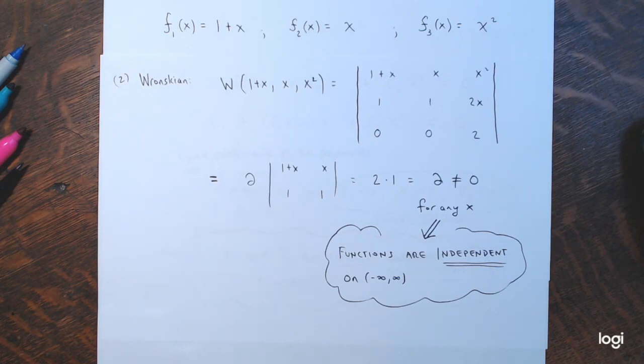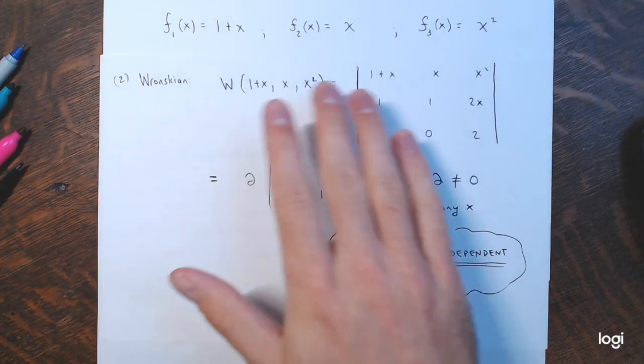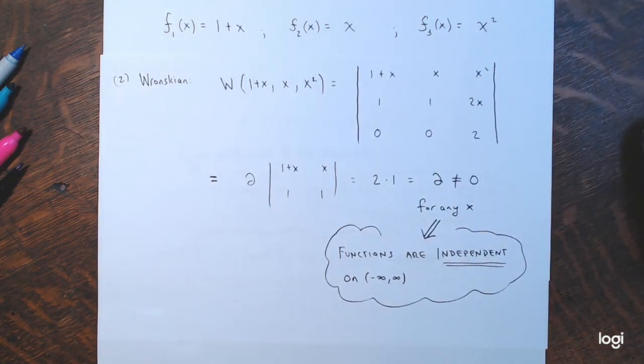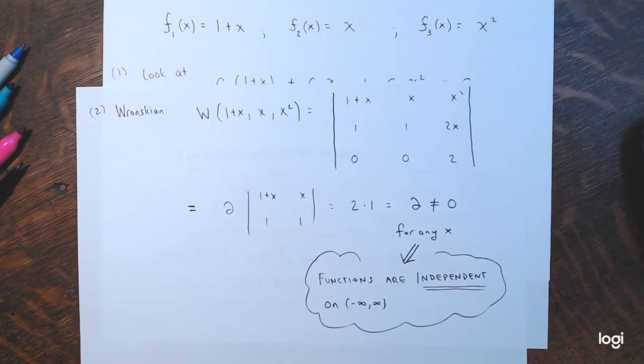There's no need to go to the Wronskian. But it can't hurt to just jump to the Wronskian and show, hey, there's going to be a time where this determinant's 0, so they're dependent. Or show, hey, there's never a time where the determinant's 0, so they're independent.